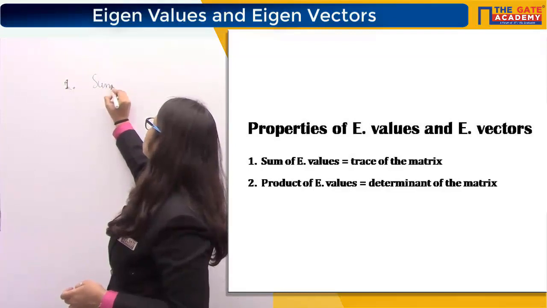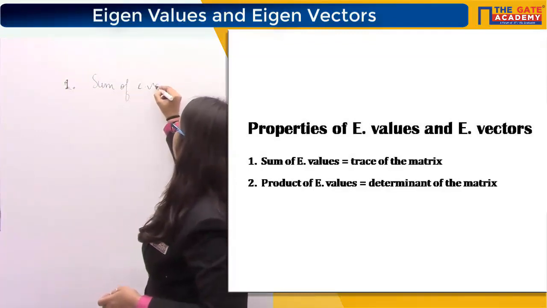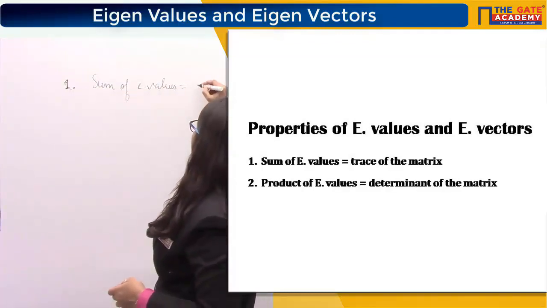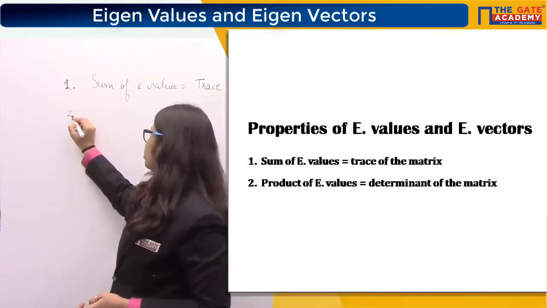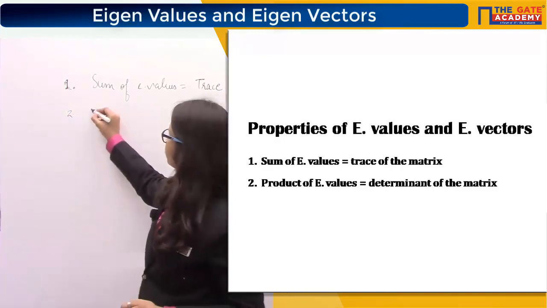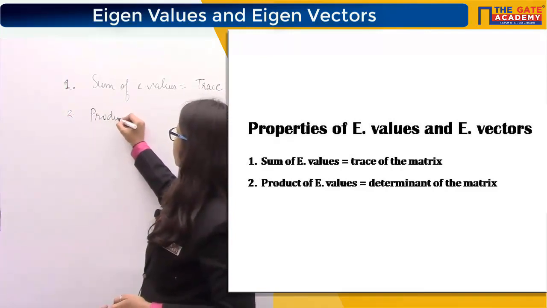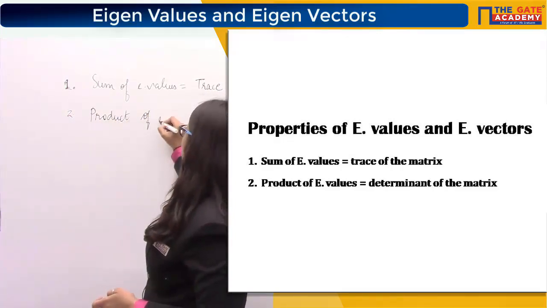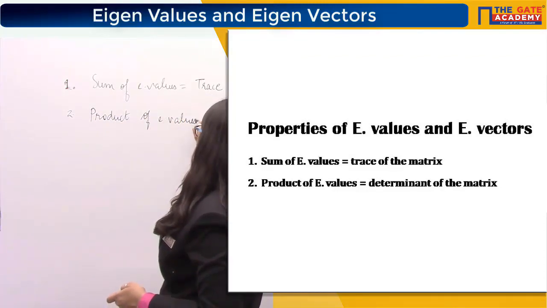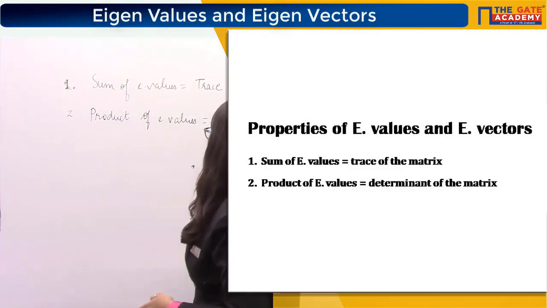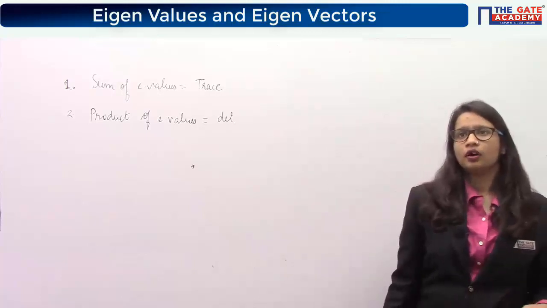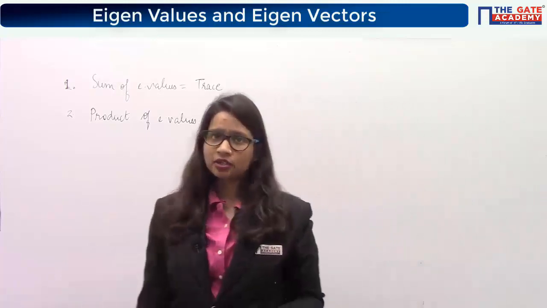So sum of eigenvalues is equal to what? Trace. And what is trace? What is trace of a matrix? Vetri, do you know what is the trace of the matrix? What do you mean by trace of a matrix?